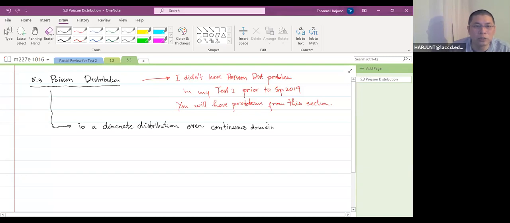Now, Poisson distribution, you will see, measures a random variable for the number of incidents over a time or period.